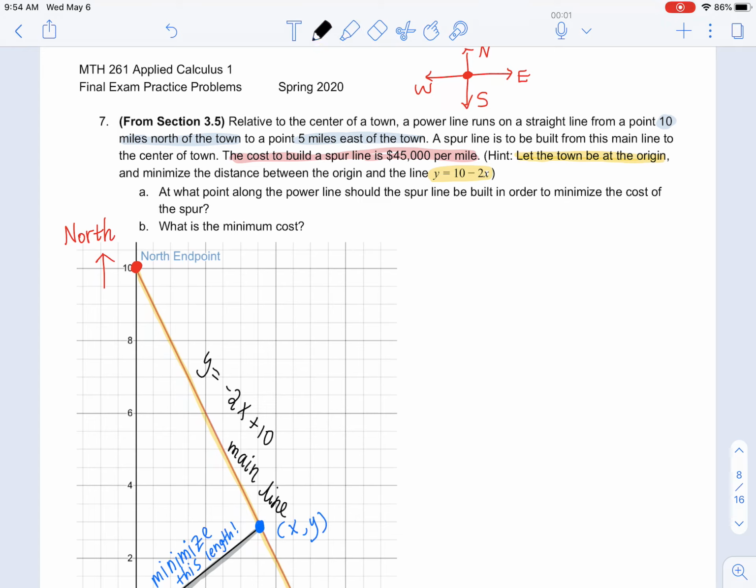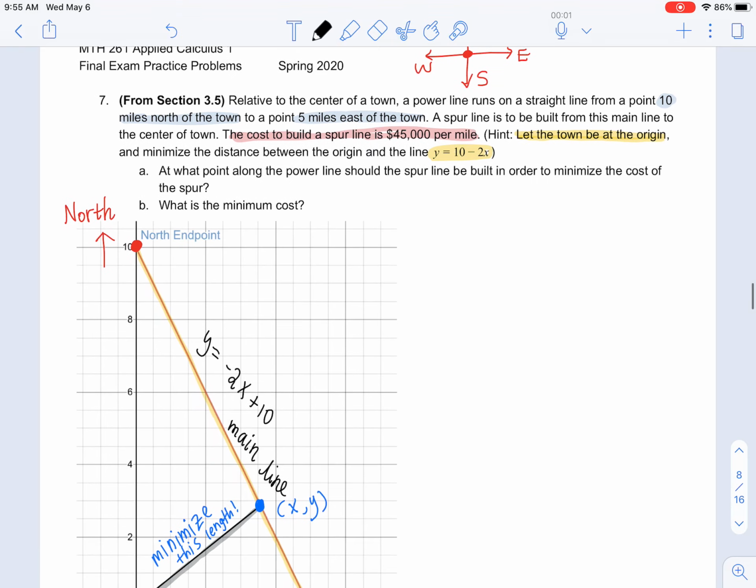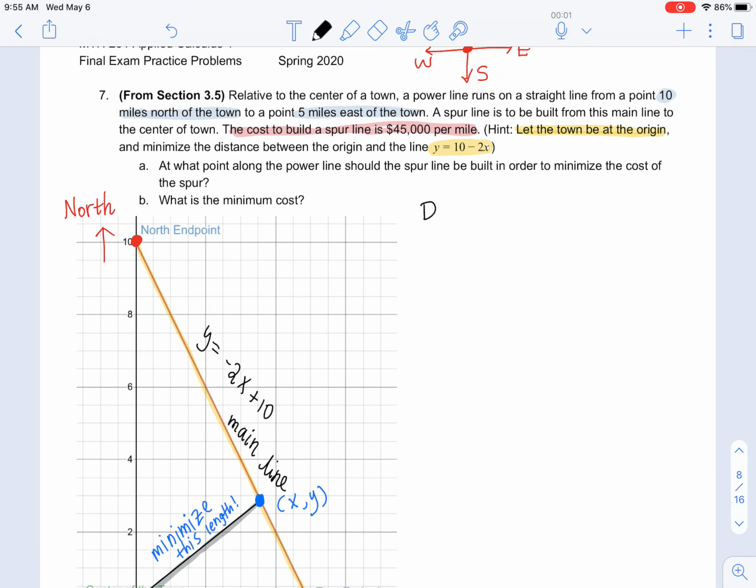But A is going to take us some time and some good work to find. So let's go ahead and start this. And I gave you a great hint over here. We said, minimize the distance between the origin and the line. Now remember, there is a distance formula. So I want you to write that down.